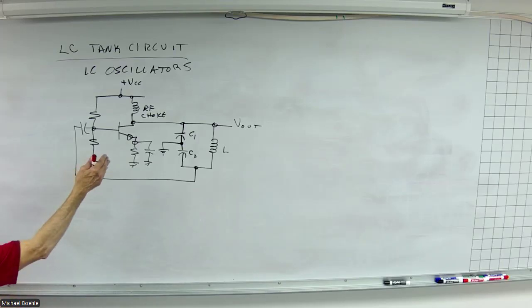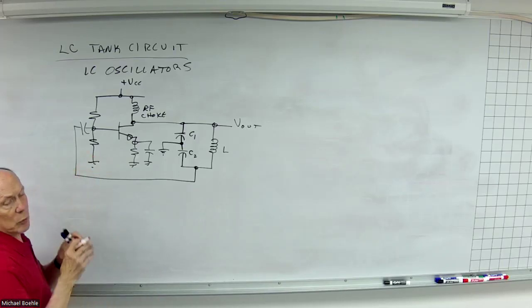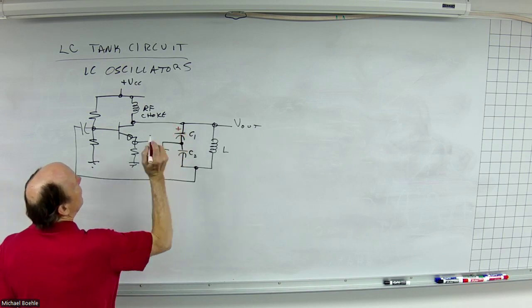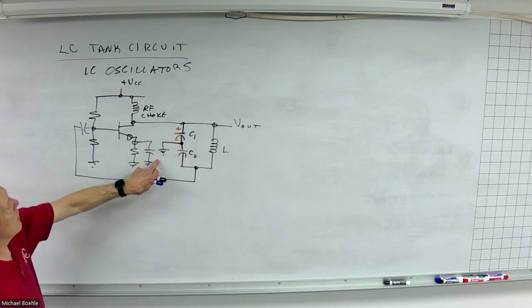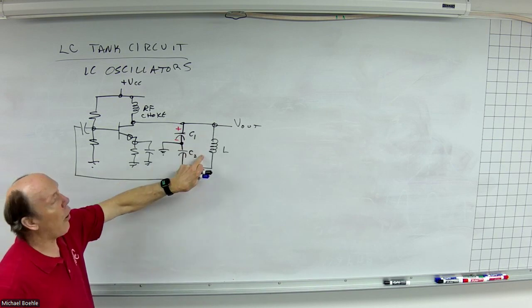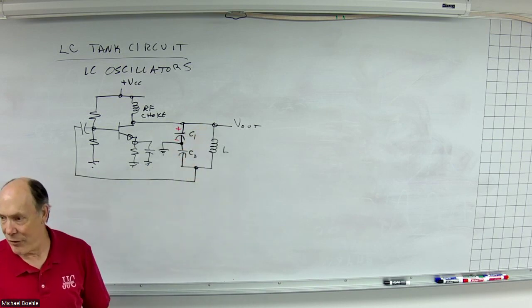So the way this is set up, I'm going to put polarity markings on here, just assuming our positive half cycle. So on the positive half cycle, with respect to ground, the output is positive. Now, because these two capacitors are in series, they're going to have the same current.